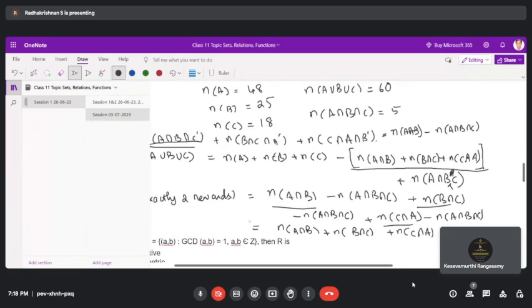So this term is what we want. This term we have in the formula. We have this, this, this, and this. This is the same as this. Therefore you can easily determine this missing term. Only two awards is equal to this minus 3 times this. So first let's determine this: A intersection B plus B intersection C plus C intersection A. Let us determine that.